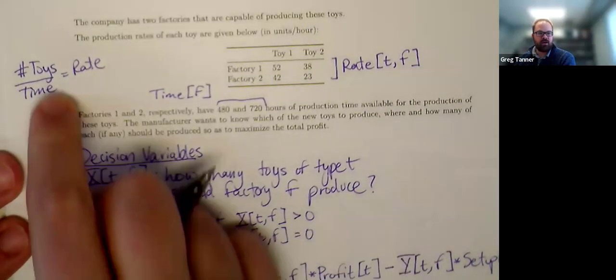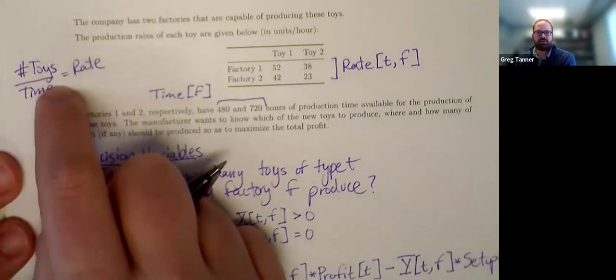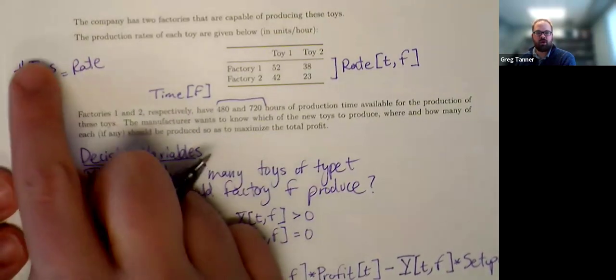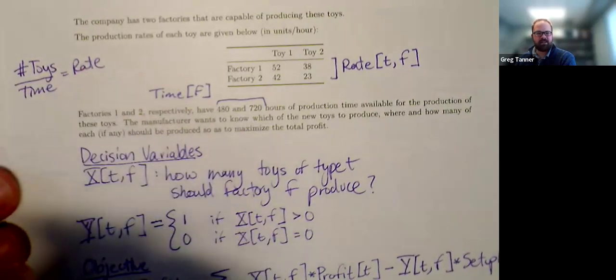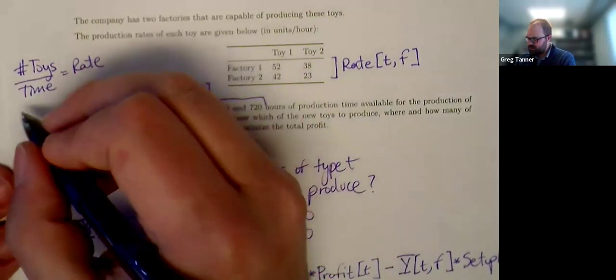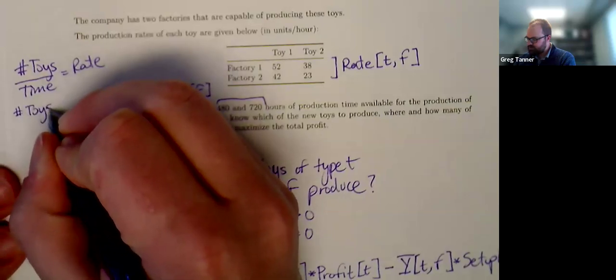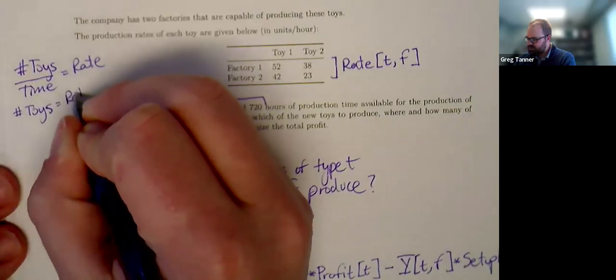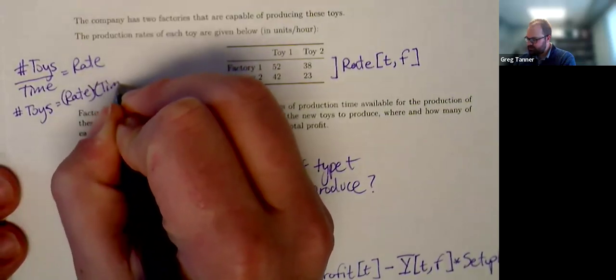Okay, and so number of toys is then going to be rate times time. You can rearrange this in a couple different ways to get what you want. But number of toys per time is your rate. Okay, and in this case, we want number of toys. And so maybe rearranging this, number of toys equals rate times time.